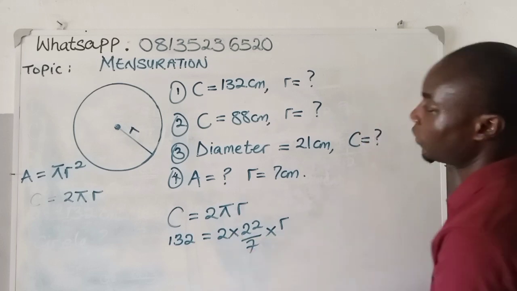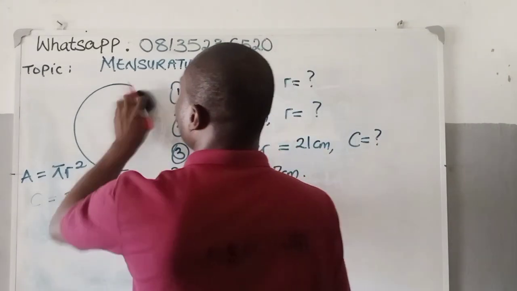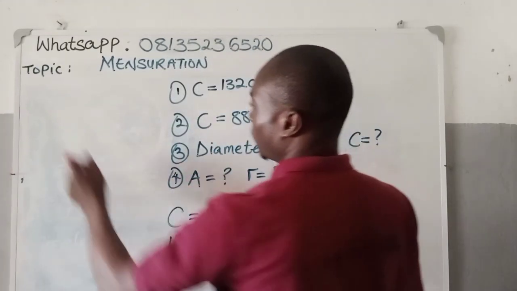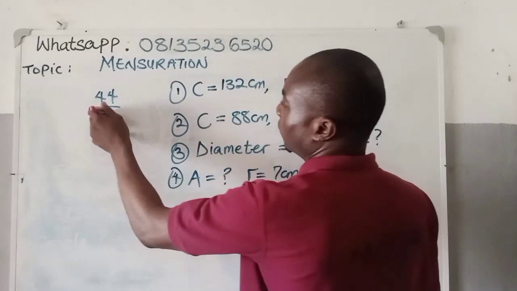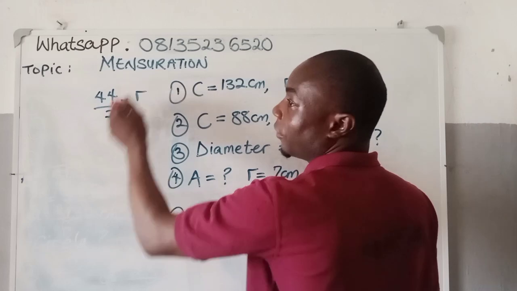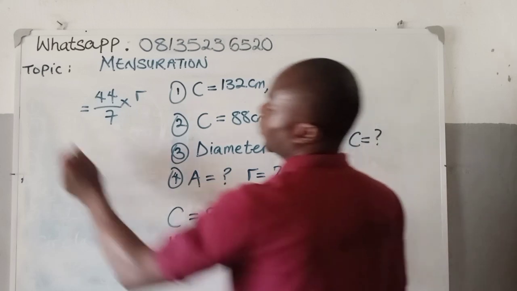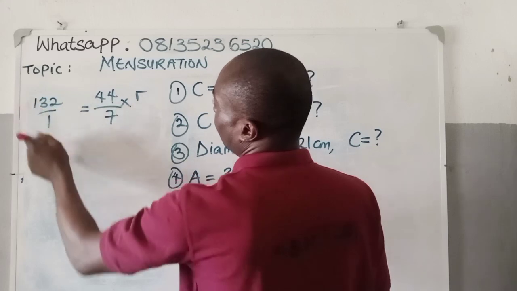That will give us 44 over 7. So we can have 44 all over 7 times our r. And let's not forget the circumference is given as 132, the same thing as 132 over 1.